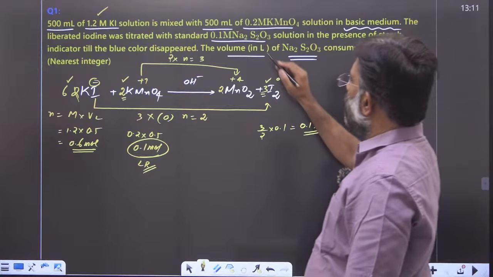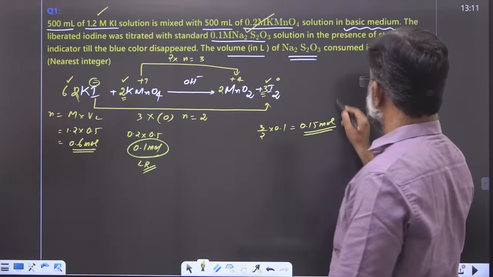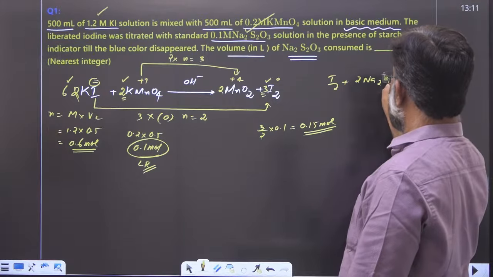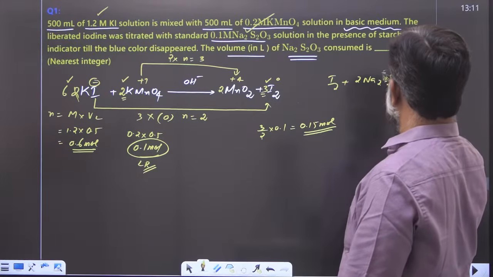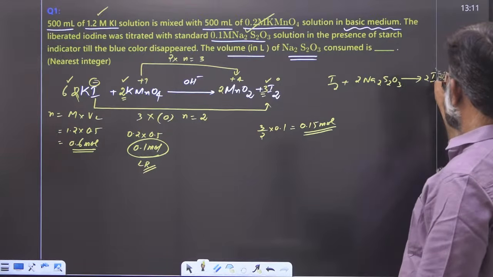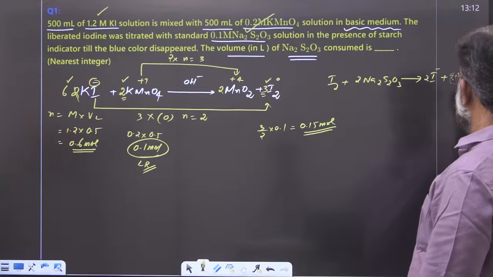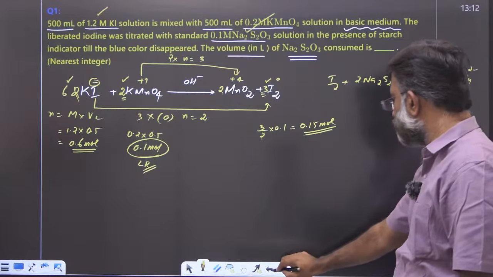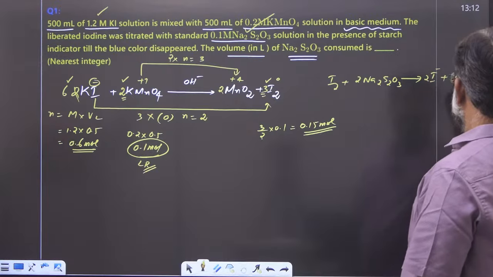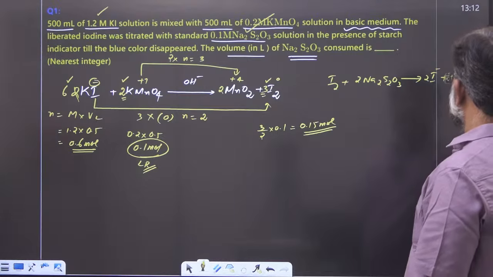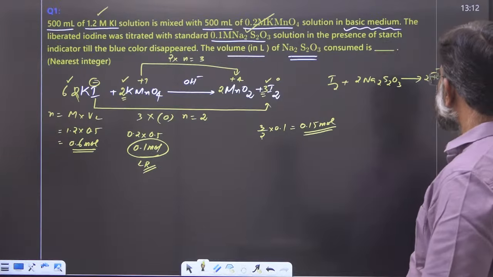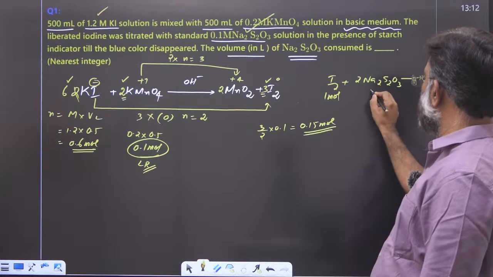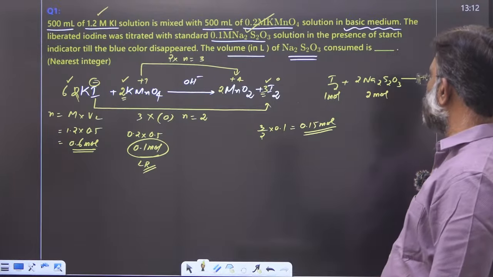Now that iodine is treated with a hypo solution. In the reaction, I2 plus 2Na2S2O3 gives 2I minus plus tetrathionate, S4O6 2 minus. So the point is, 1 mole iodine will react with 2 mole hypo.